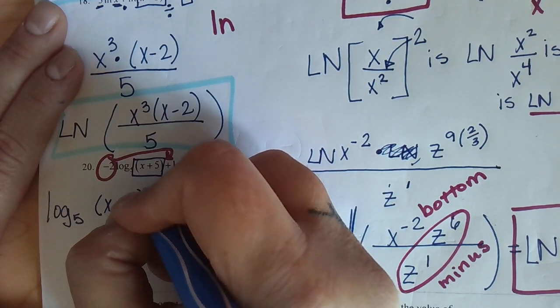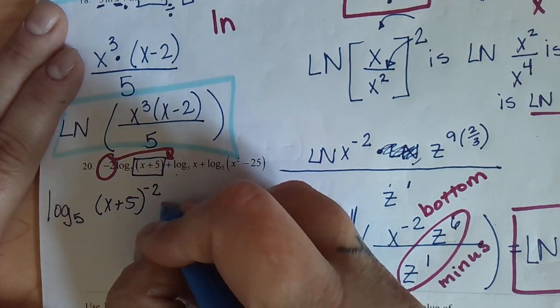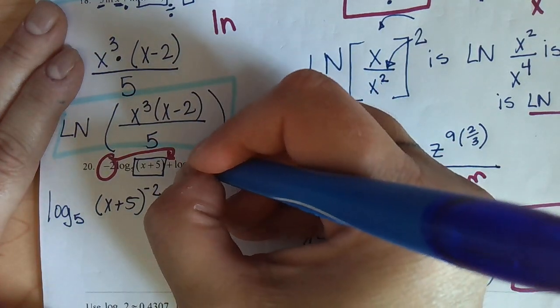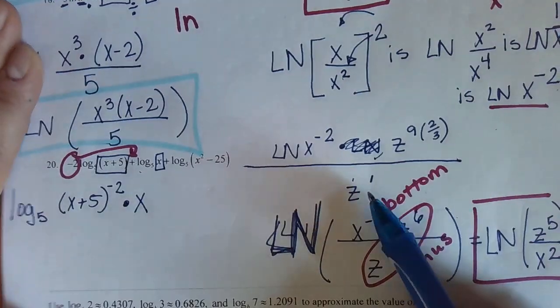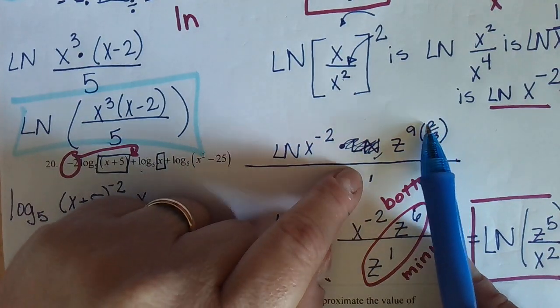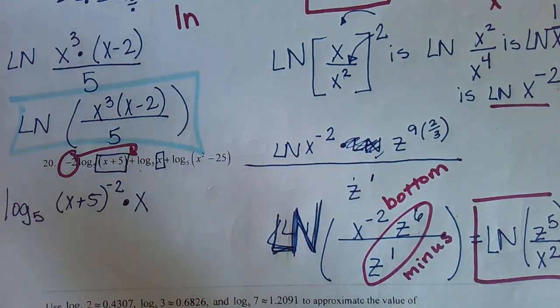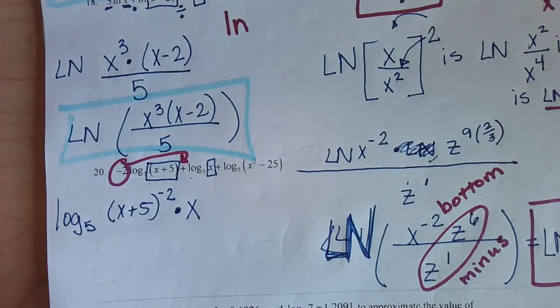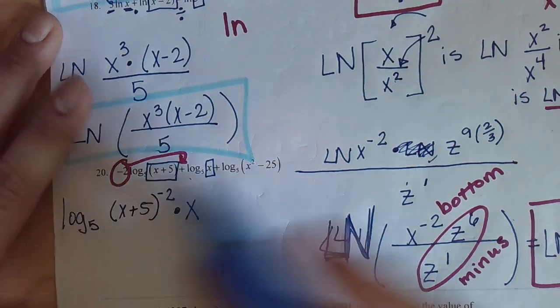Okay. And then I'm going to have a plus sign that goes to multiply. Log 5 that x. Don't write the log 5 again, because you'll make the mistake that I did on this last problem. Remember, we're only supposed to write ln or log whatever once, because it's a single log. That needs to be our answer. So that's why I just wrote log 5 once.